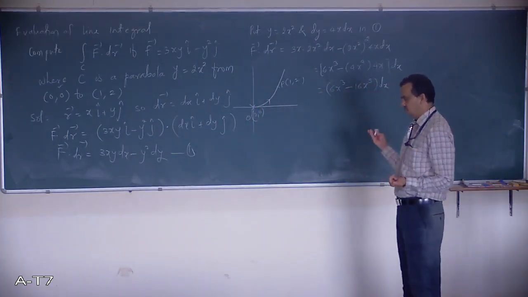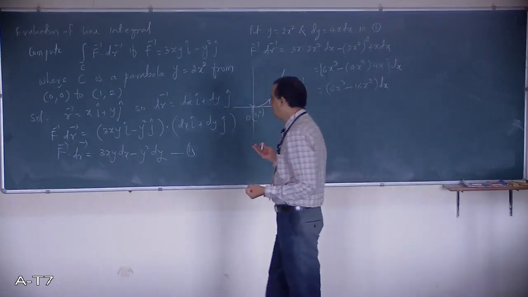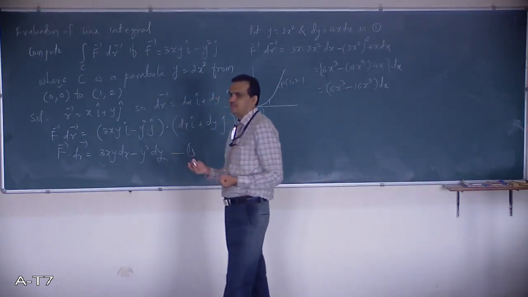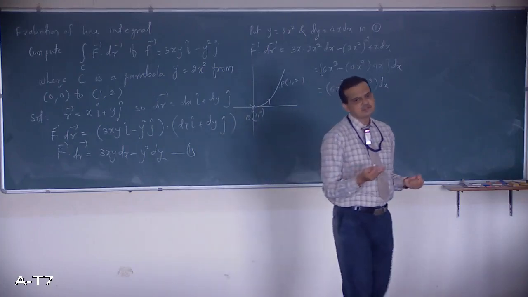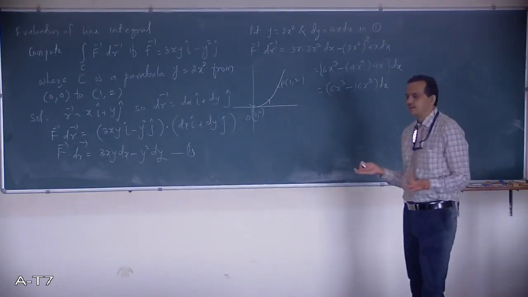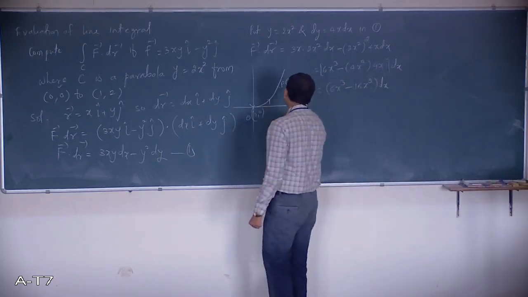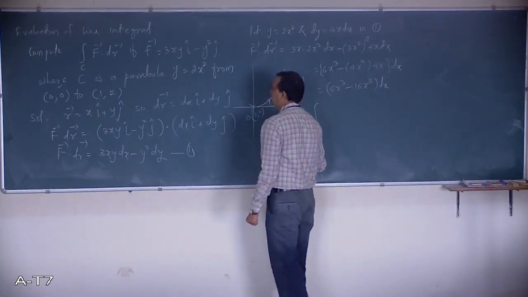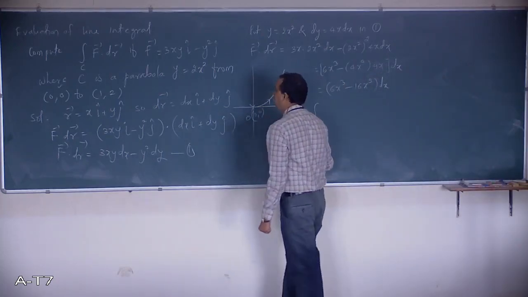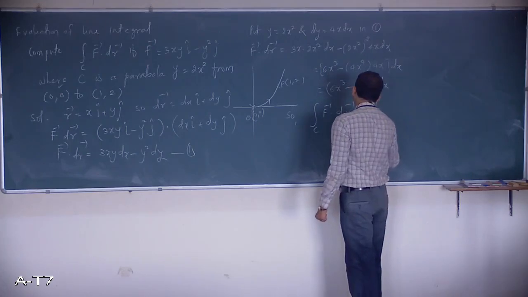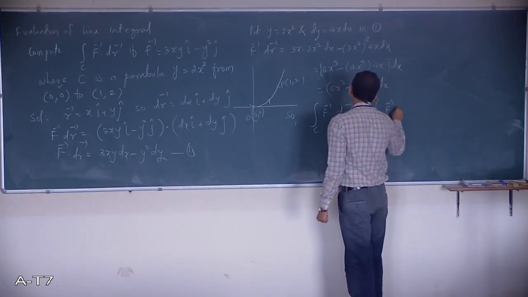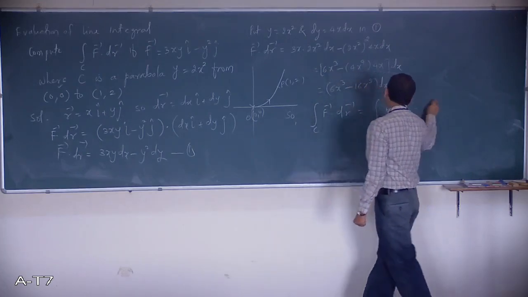Now it's all routine work after this step, because we know the limits of x. We can integrate with respect to x with those limits this function and write the final answer as our line integral. Now, so I will say integral over C of f dot dr, integral along y is equal to 2x square, I will write f dot dr. I will now write x is equal to 0, 1, because I am choosing everything in terms of x.